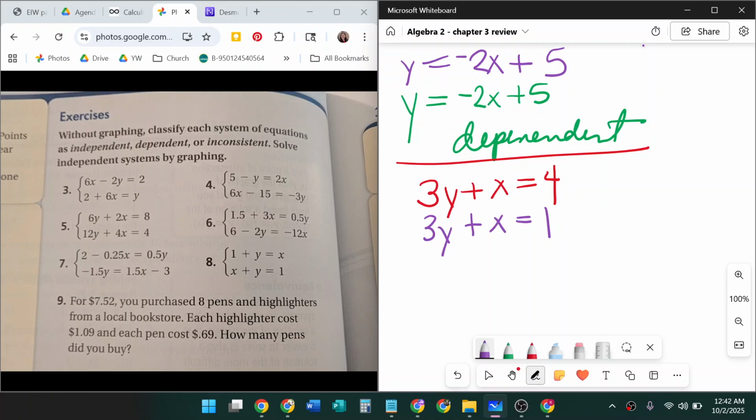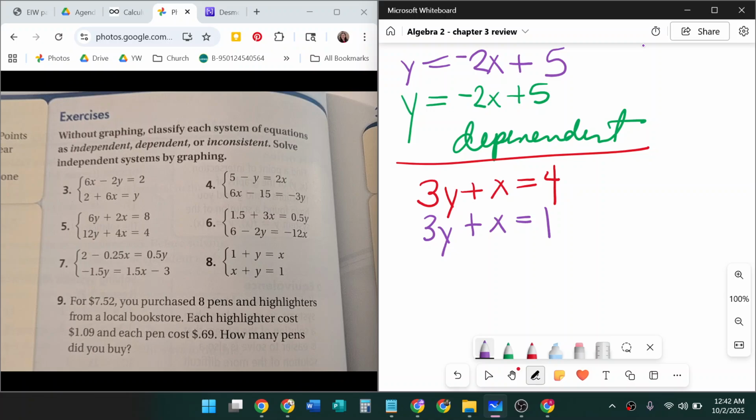We could graph this or we could rearrange it so they're in y equals form so you can easily see the slope. If we move the x to the other side on both of these, it's going to become a negative x. And then if we divide everything by 3 so the y is by itself, both of those negative x's are going to become negative 1/3 x. In other words, they have the same slope.